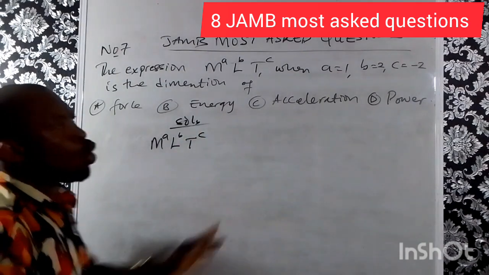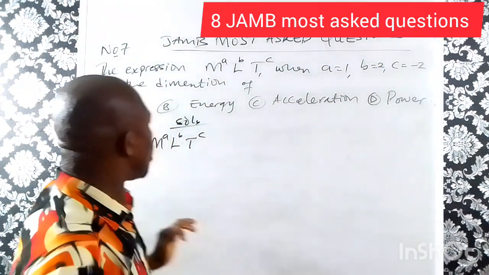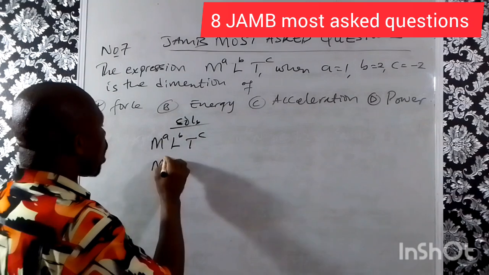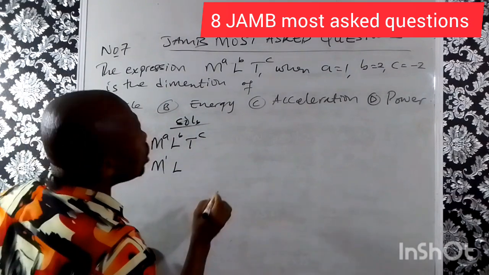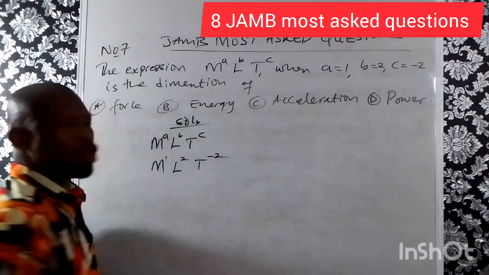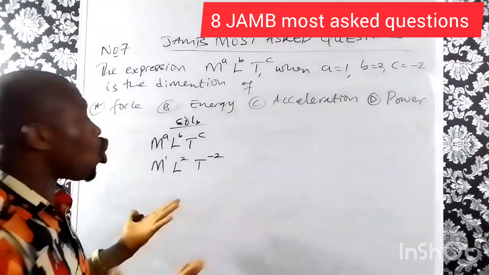Now, we factor in these integers here. We now have M, of course M is raised to the power 1. You can just leave it there, or write just M. Now, L is 2, T is minus 2.